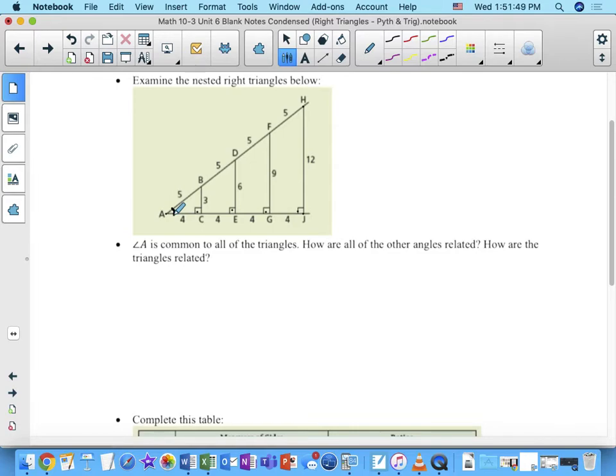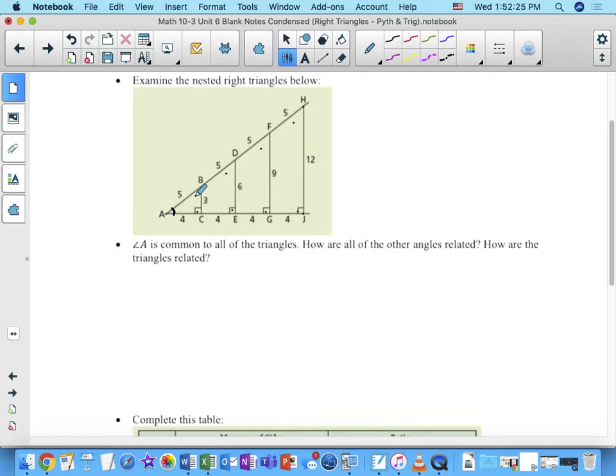Okay, so if they all have a 90-degree angle and angle A that's in common, what does that mean about these angles at the top? What could we say about those angles at the top? Let's suppose this was 90 and this angle down at the bottom was 40.